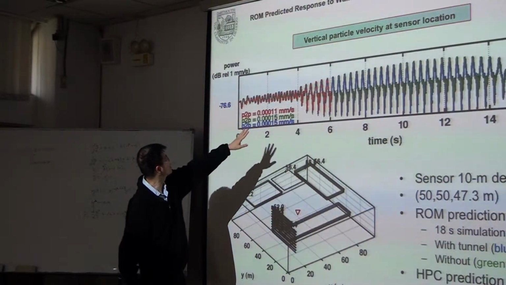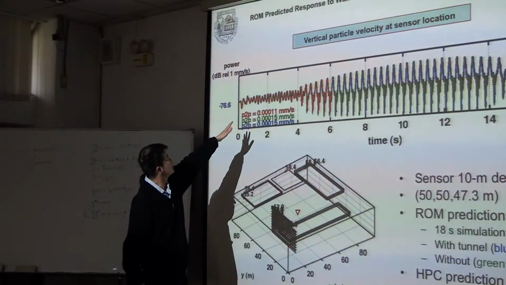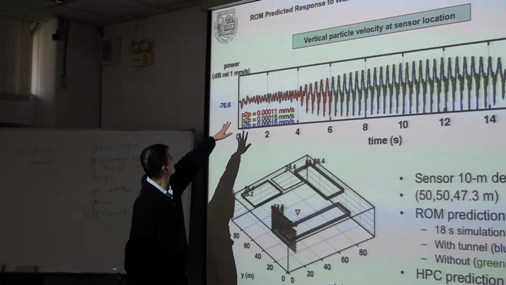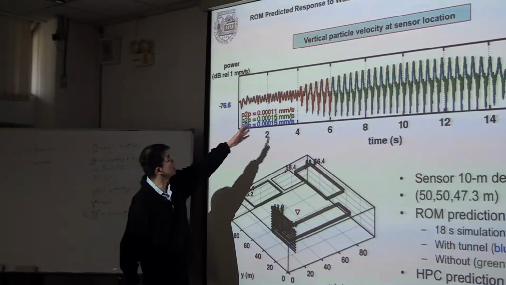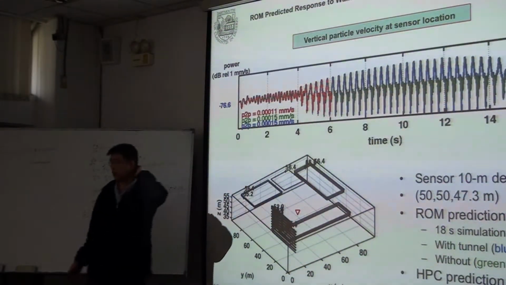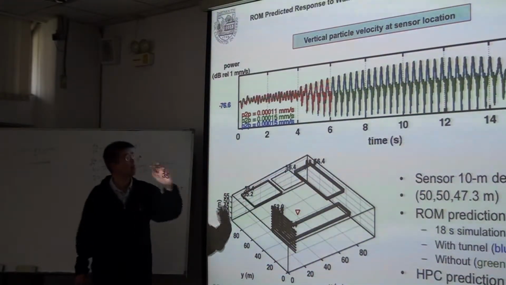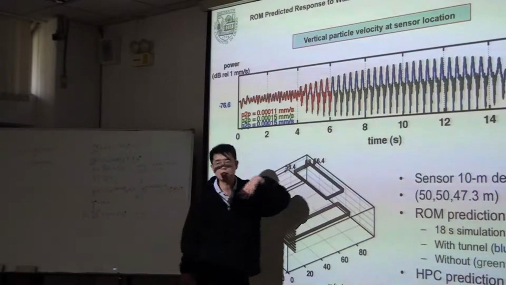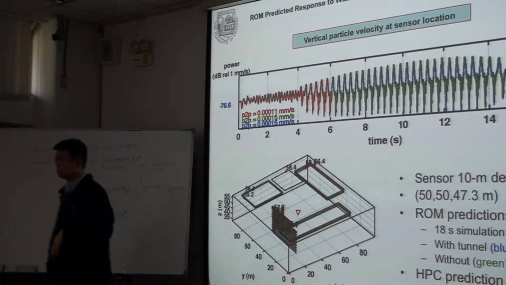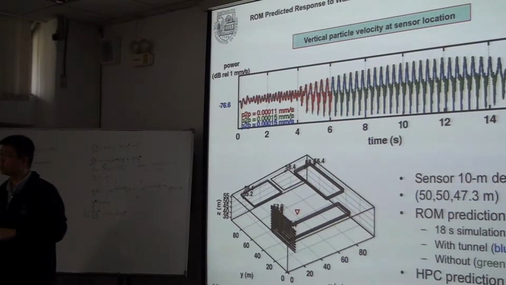The red one is the ground vibration at the sensor location that is derived from the full-blown supercomputer simulation. And the green one is what we derive from our identification model, the reciprocal model.